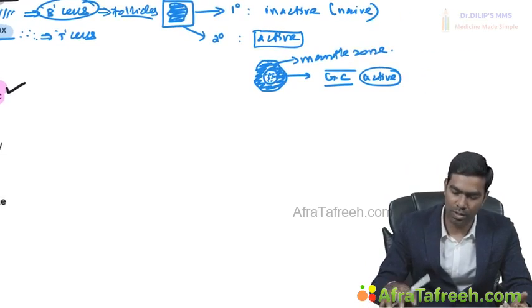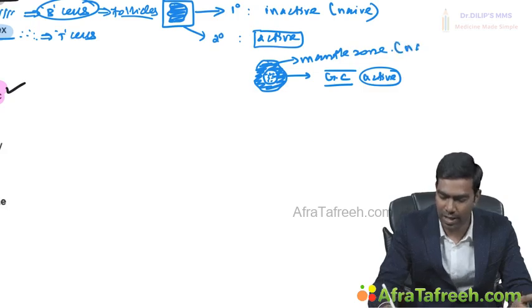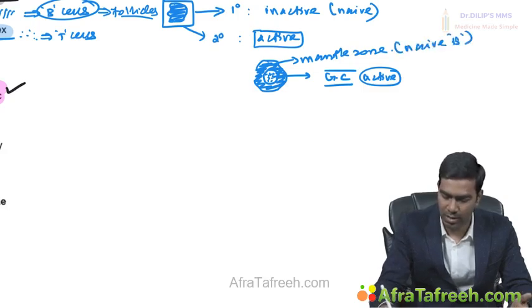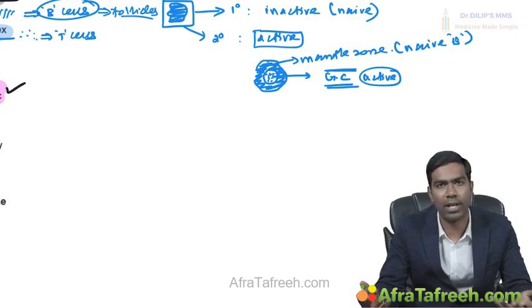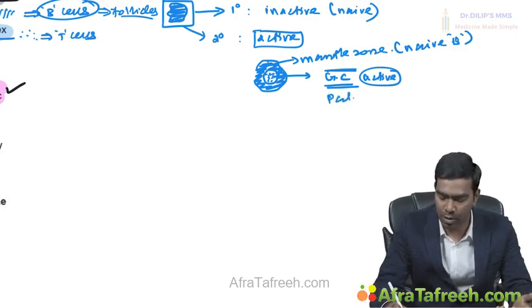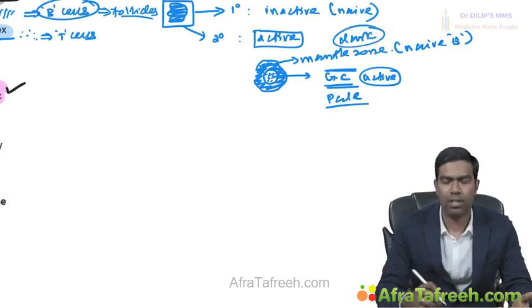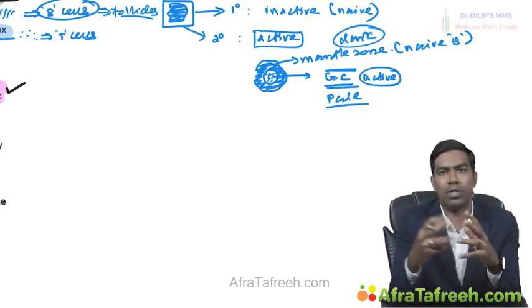These mantle zones will contain, again, the naive B cells, and the germinal center is the one that is going to contain active and proliferating B cells. So the germinal center is going to be pale as per the diagram, and the mantle zone is going to be dark.